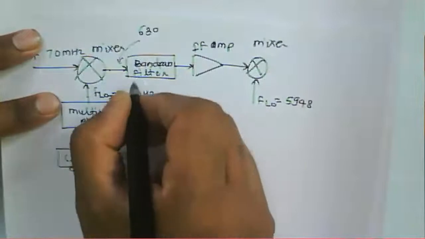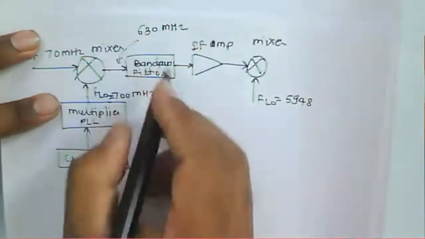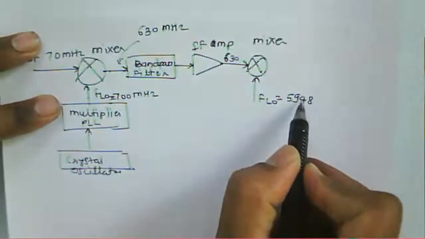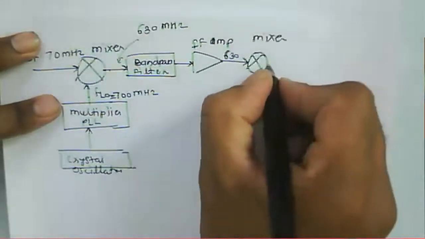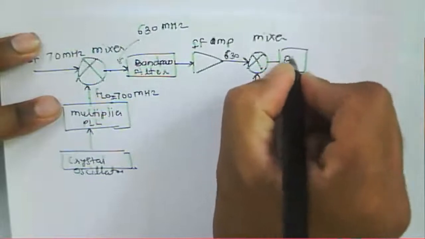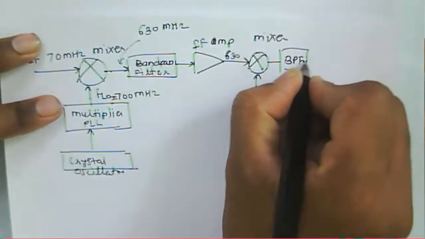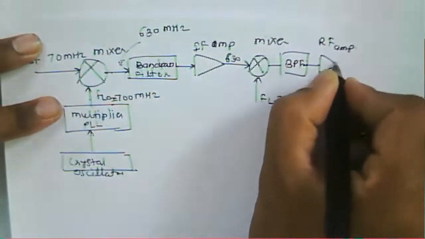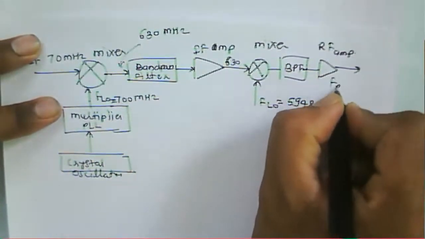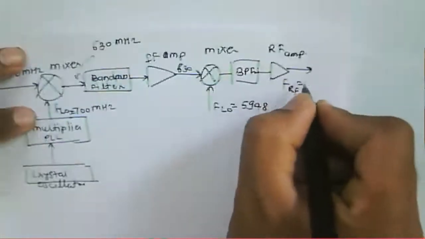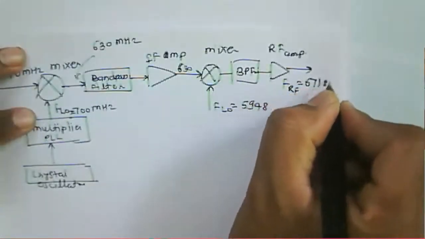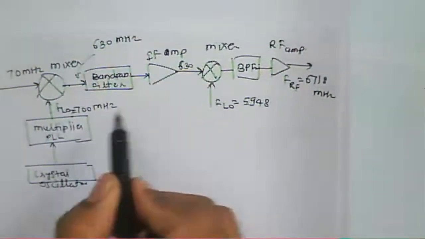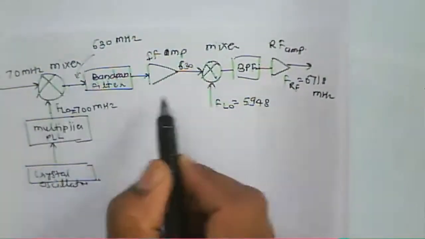A 630 megahertz. That is about this. So that's 630 here plus 5948. Then we have a band pass filter here, and then we have RF amplifier, and we'll get that RF output, that is about 6718 megahertz.